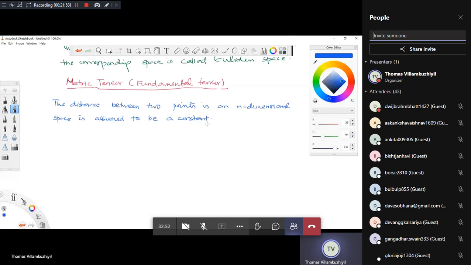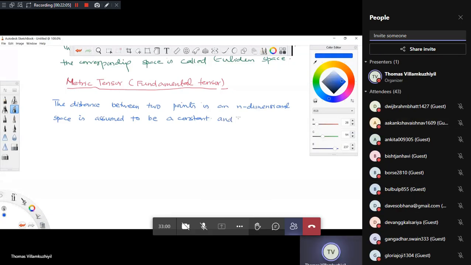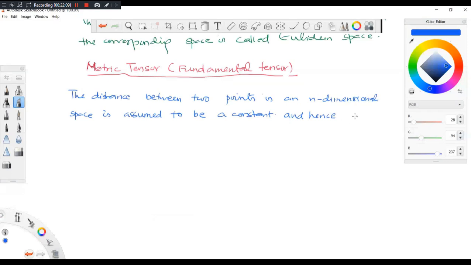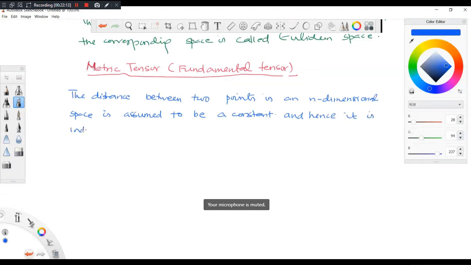Okay, the distance is considered to be a constant, and hence it is independent of the coordinate system.